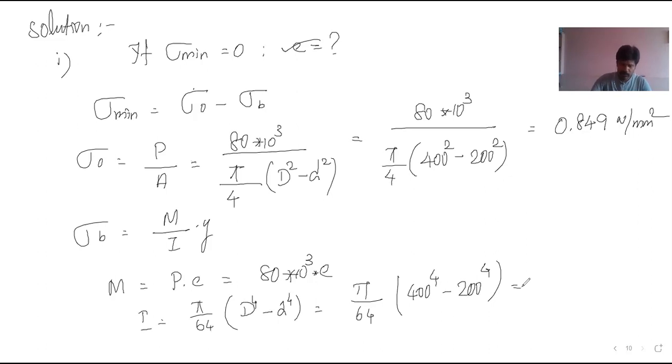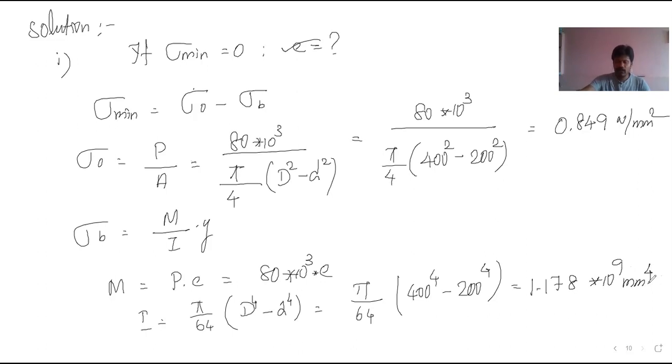So I is equal to pi by 64 into 400 power 4 minus 200 power 4, which is 1.178 into 10 to the power 9 mm power 4.